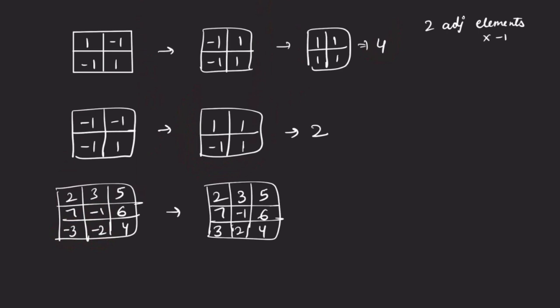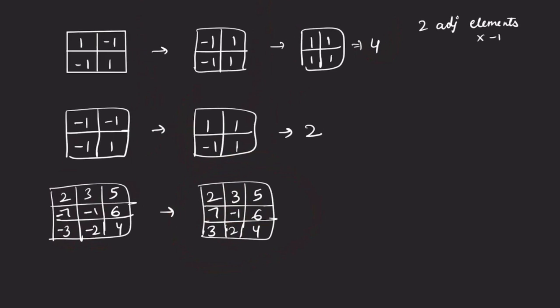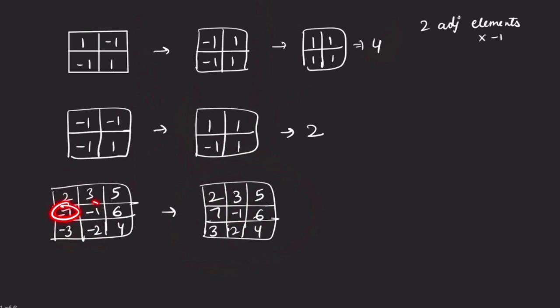Then for this -1, the adjacent elements are 3, 7, 2, and 6. If you consider any of them, this -1 will become positive, but the others will become negative. So in this case also, we cannot make all the elements positive. There will be one element that remains negative. But if this 7 was also a -7, then you would have converted all.